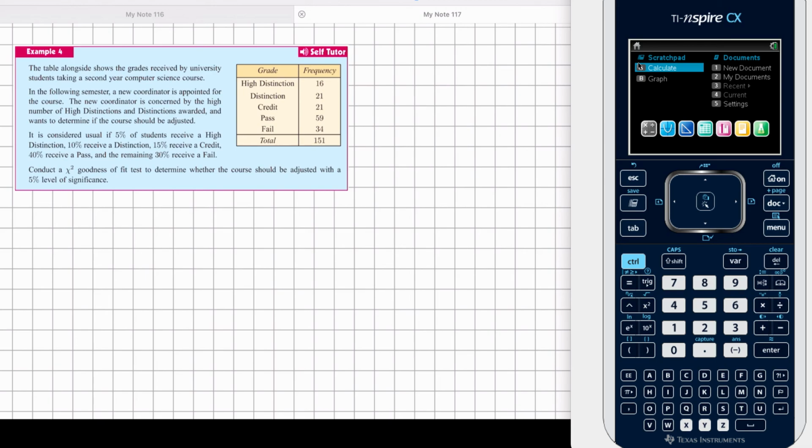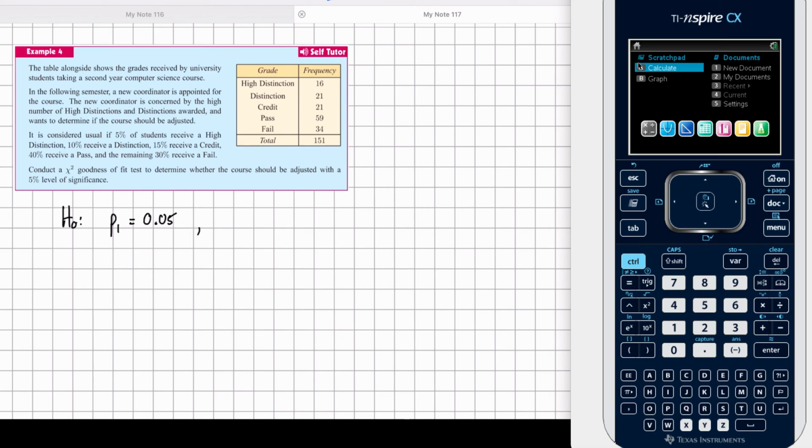Okay, so the first thing we should do if we're asked to carry out a chi-squared test is write a null hypothesis. The null hypothesis is that the proportion of students getting a high distinction is 0.05, P1 is 0.05.